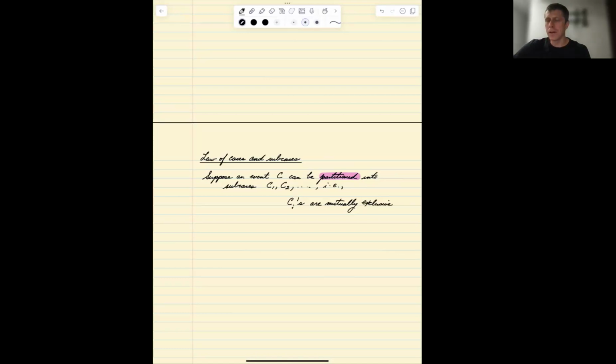At most one can happen. But they are also exhaustive, meaning that their union is equal to C, so they exhaust all of the possibilities in C. So there are two conditions for a partition: mutually exclusive and exhaustive.